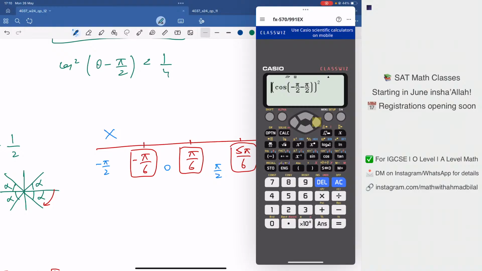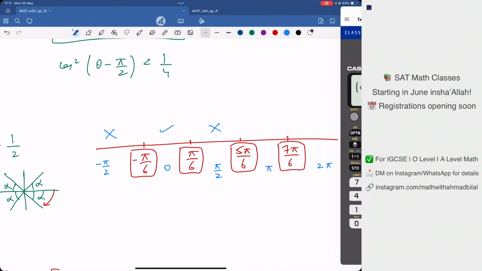Okay. Then you could try 0. Use 0 here. What about that? Is 0 less than 1 over 4? Yes, this satisfies. Then you try pi over 2. Is 1 less than 1 over 4? No, this does not satisfy. Then you have pi.